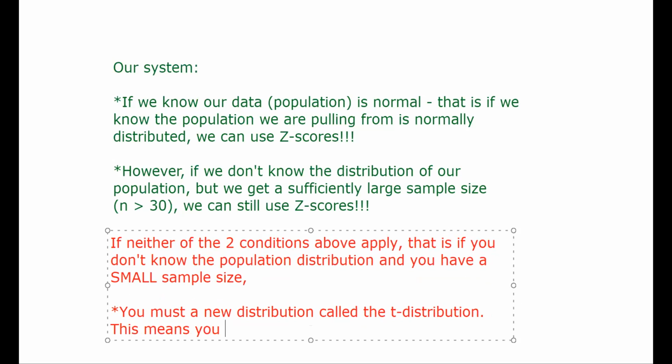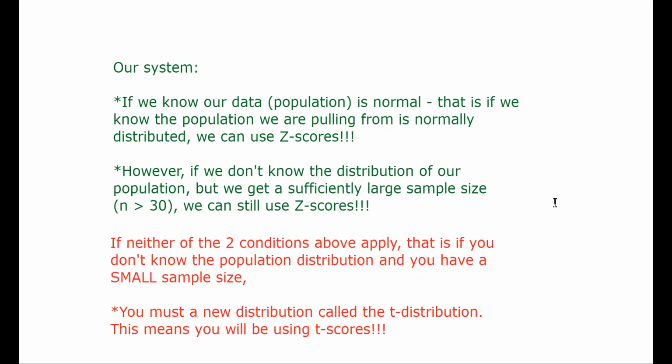This means you will be using t-scores, not z-scores anymore. So we have to completely reframe our concept here. Small sample size and you don't know the distribution of the population, you have to use the t-distribution, this brand new distribution that we're going to use here today.